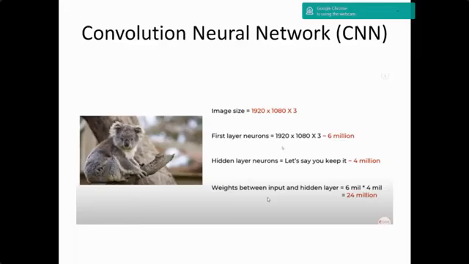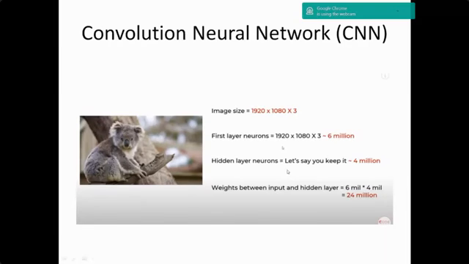Previously we took an image size of 28 by 28, that's okay. Let us take this example, this animal is called a koala, and it is found in Australia. Its size is 1920 by 1080 by 3, that is RGB, 3 for RGB. And if we have multiple layers, the neurons in the first layer itself are around 6 million, that is the input.